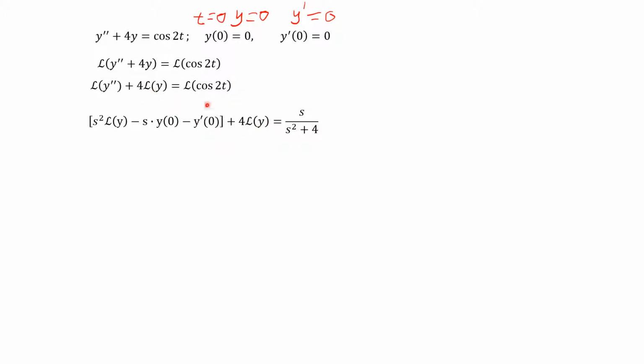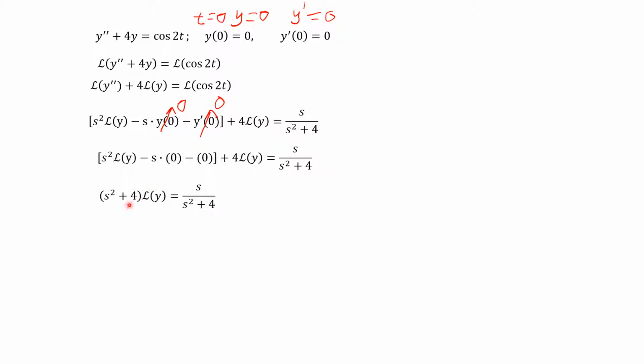The Laplace of cosine 2t is s over s squared plus 4. Now remember that our y of 0 is 0, and y prime of 0 is 0. So substitute: s squared L of y minus s times 0 minus 0 plus 4 L of y is s over s squared plus 4.